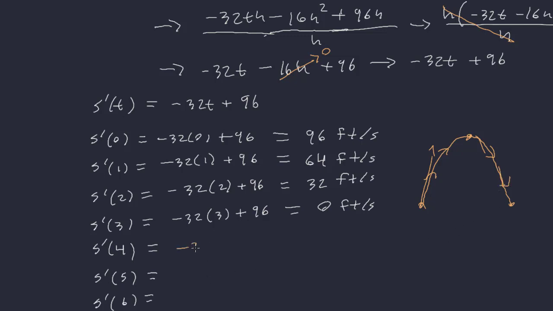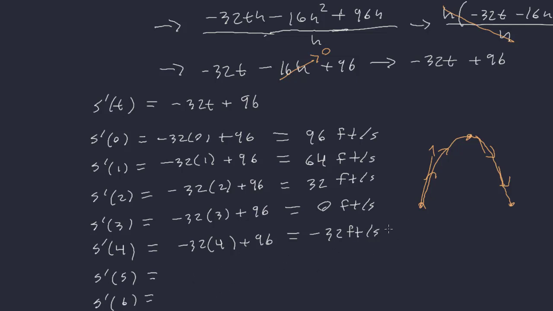And that's what we're going to see here at, say, 4. It's negative 32 times 4 plus 96, which is negative 32 feet per second. So this is when the cannonball hits its maximum, and here's when the height starts decreasing.